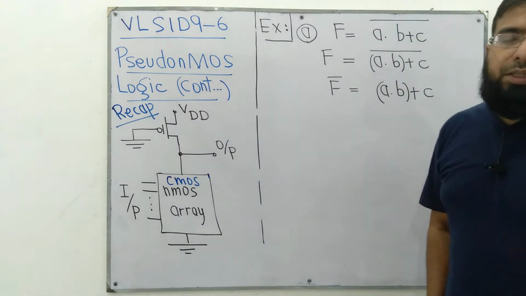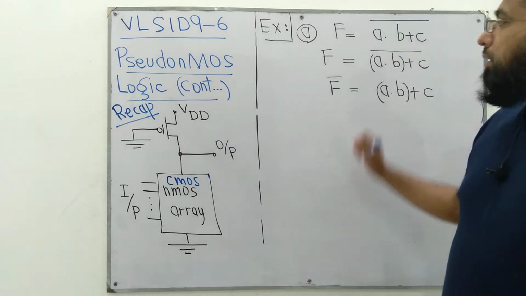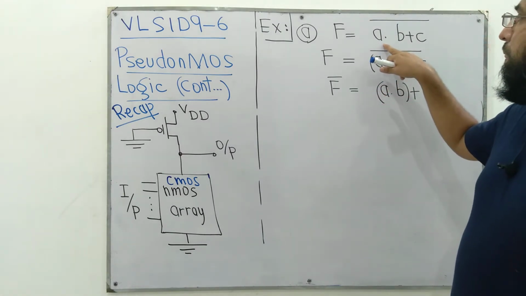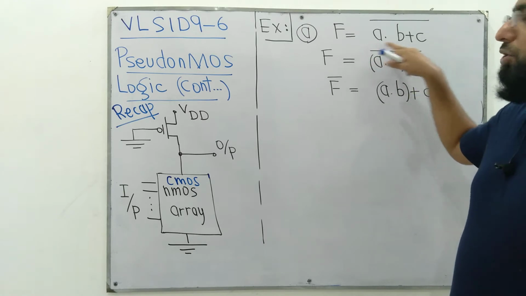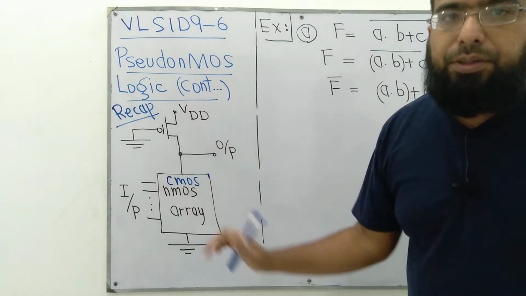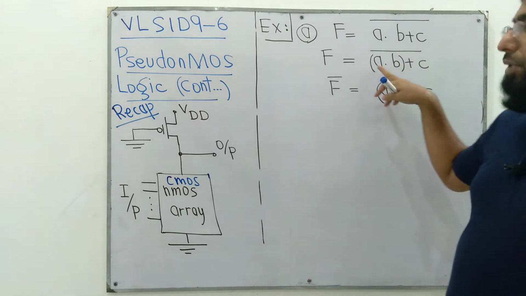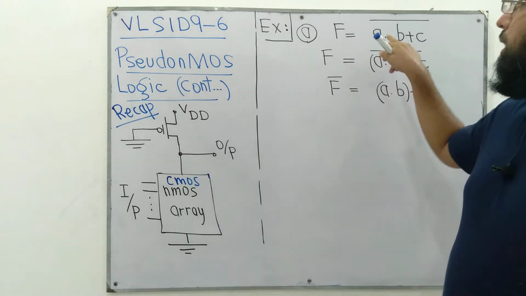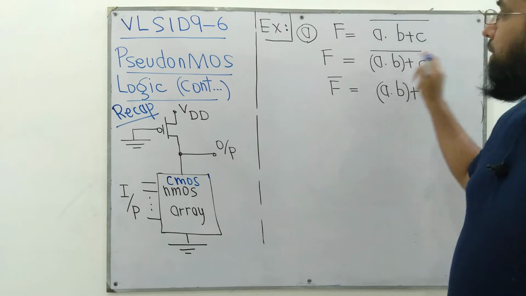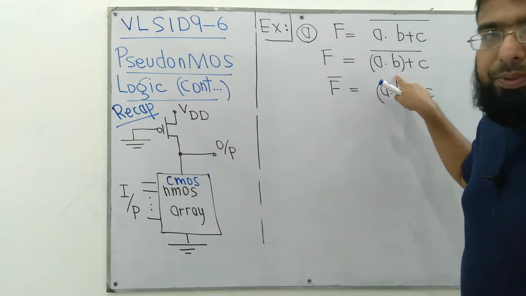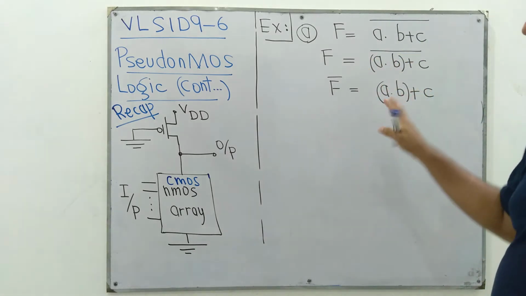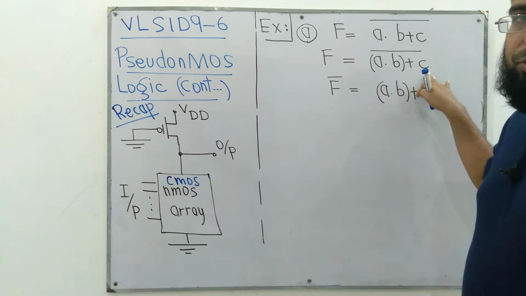We have studied in our earlier lectures that the precedence of AND operation is higher than the precedence of OR operation. So if we don't have parentheses and have these two operations, the precedence of AND operation is larger than the precedence of OR operation.